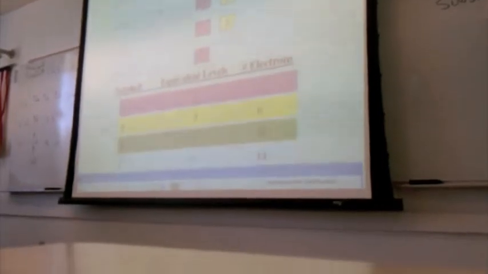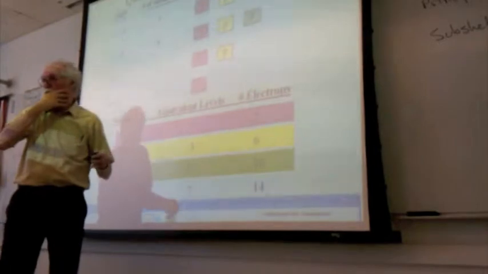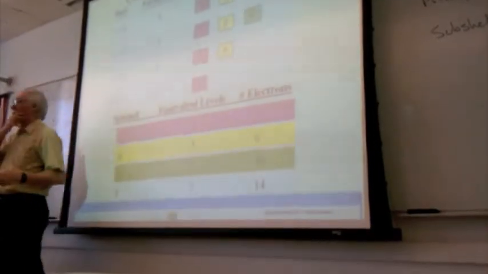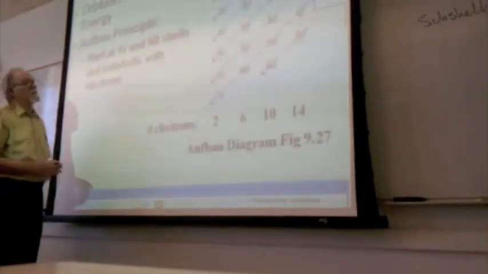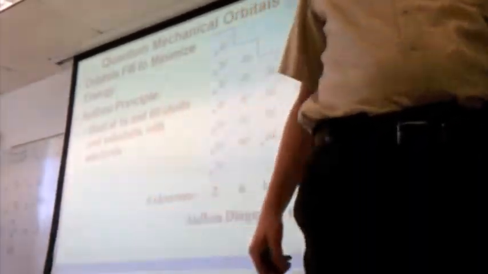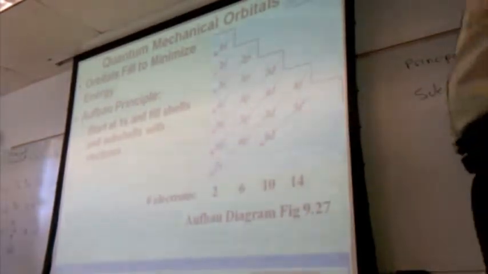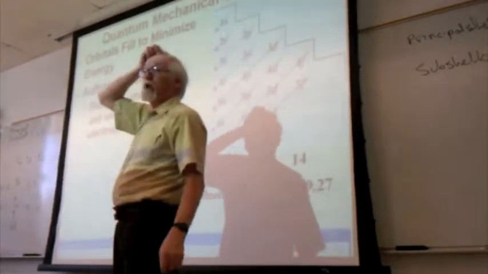The book has a little table called the Aufbau principle that shows how to fill this up. And I never liked it. It never made a lot of sense to me. So I'm going to show you how to use the periodic table to fill these subshells, starting from 1s and going up as high as you want.